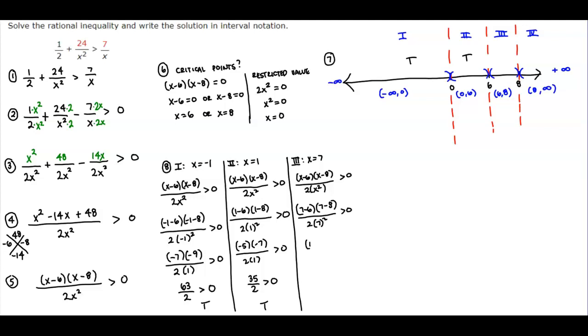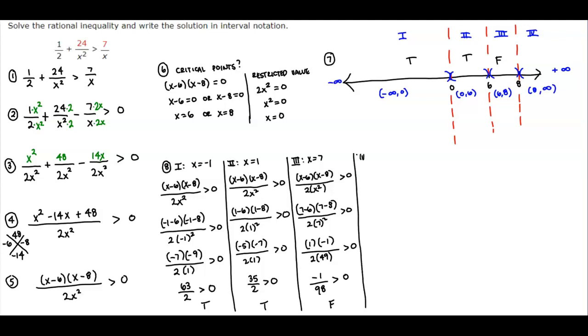So we have 1 times -1 over 2 times 49. We get -1 in the numerator and 98 in the denominator. So -1 over 98 is not greater than 0. This is false in region number 3.